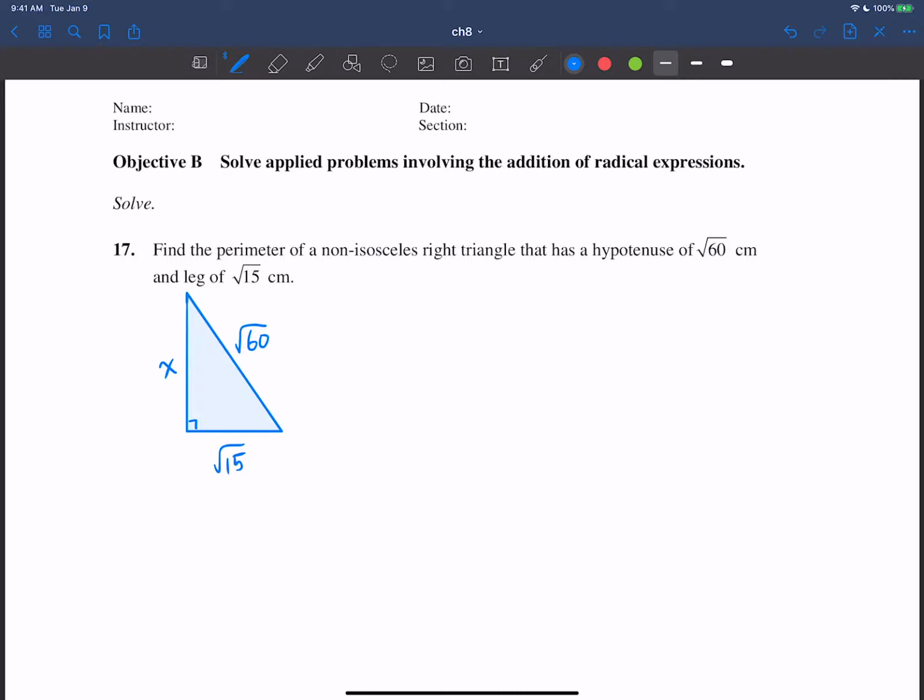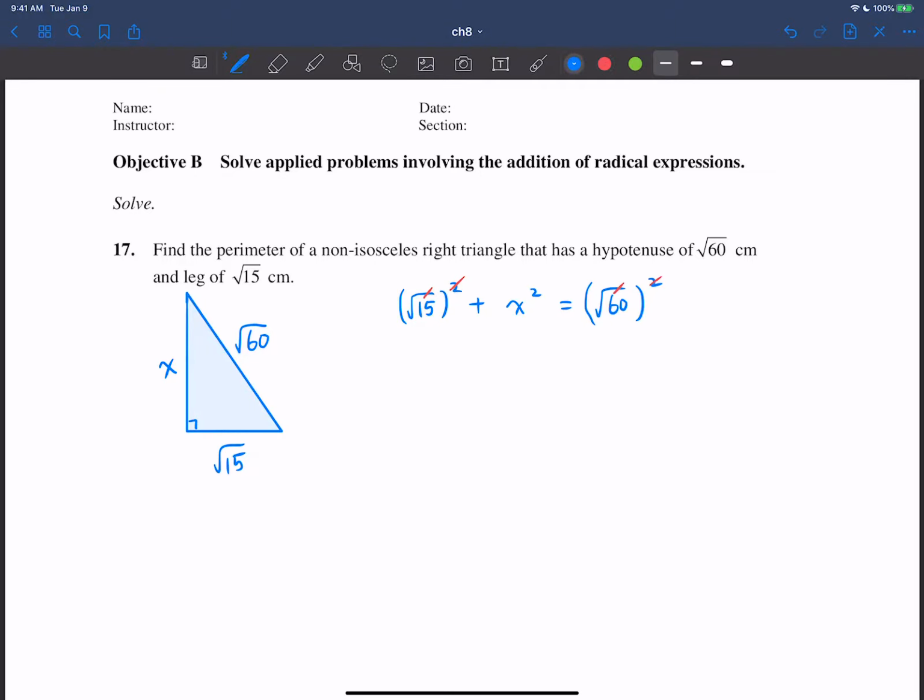So let's actually do that. Square root of 15 squared plus x squared. This is the sum of the square of the 2 legs equals the square of the hypotenuse. Now let's simplify this equation first. Inverse operation, square and root and square, they cancel out.